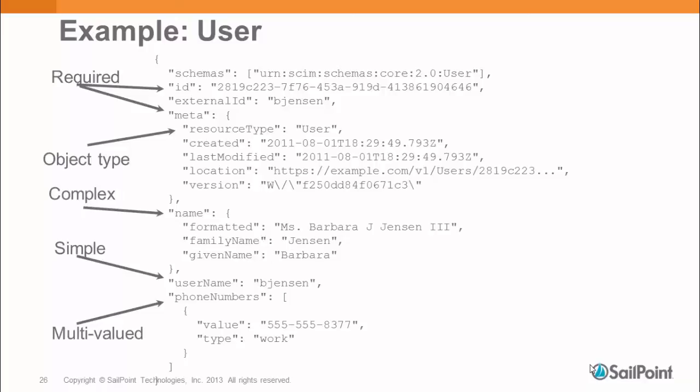I ran out of room, so there's actually one value in this multi-valued attribute, but it would be a list of phone numbers. And they don't just have to be simple types in those multi-valued attributes. You can have complex types. For instance, a phone number, you might have one phone number for work and one phone number for home. And so those are sort of units that fit within that phone numbers list.